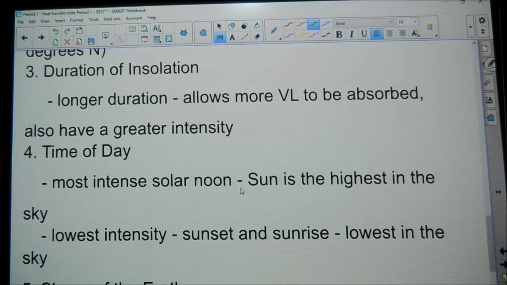It's higher in the sky. So for us, it's highest in the sky June 21st, solar noon. Lowest in the sky is going to be my sunset and my sunrise, just as the sun is coming to the horizon. So a time of day: most intense solar noon, least intense sunrise and sunset, lowest in the sky.